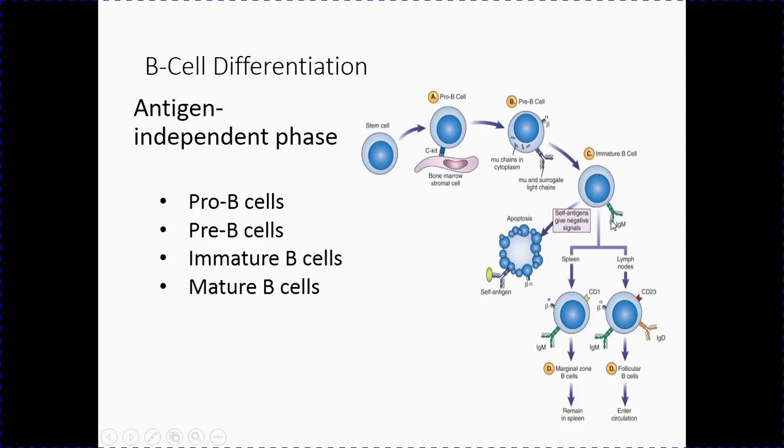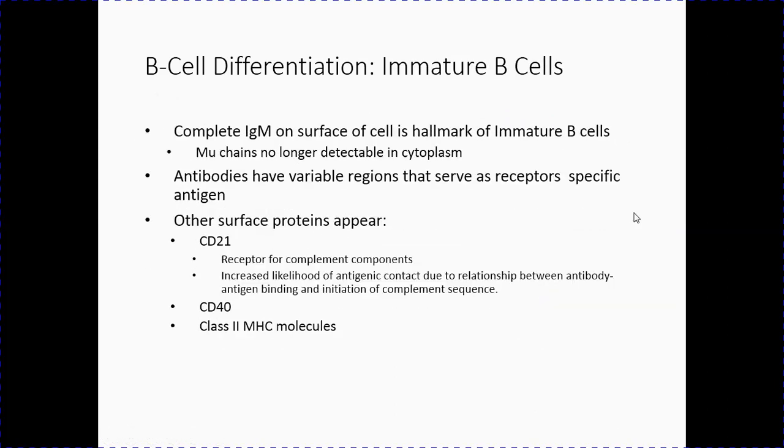The light chains are short from here to the junction of the Y here and here. Those are the light chains. So there's 2 heavy and 2 light chains that we see. Once we express that immunoglobulin on the surface of the cell, we're at the immature B cell stage. The mu chains are no longer detectable in the cytoplasm in an immature B cell. They're all being used to produce immunoglobulin.